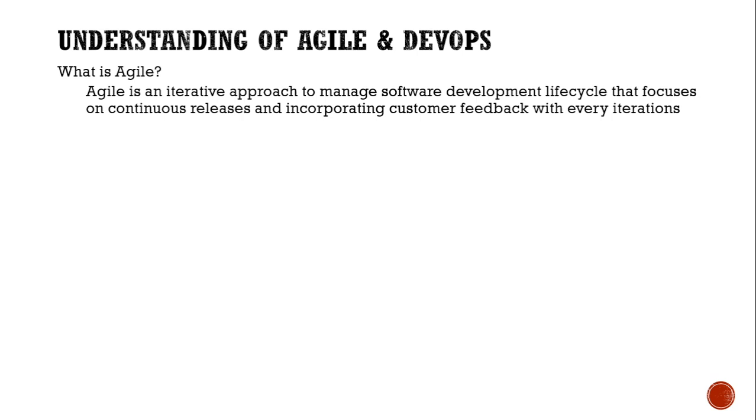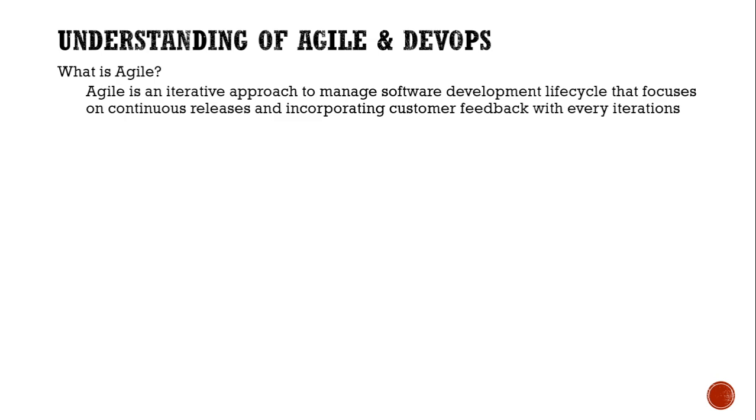So if you see in a SDLC also, we had requirement analysis, planning, developing the code, testing, and deployment, right. In this also we have two types of methods. The one is the waterfall model, and the other one is the agile methodology.